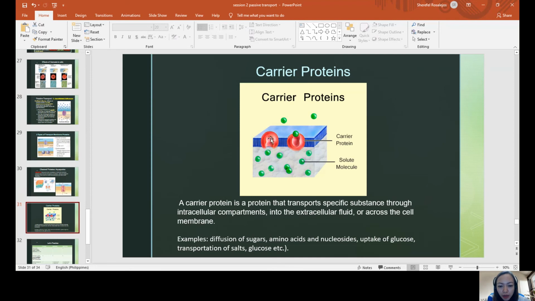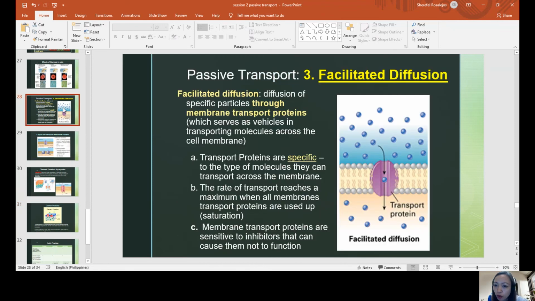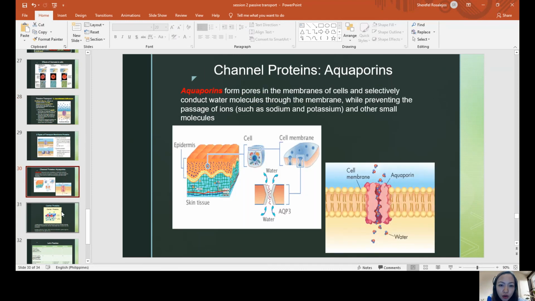Examples are sugars, amino acids, nucleosides, and the uptake of glucose and its transportation. Okay, so that is our facilitated diffusion. Remember, facilitated diffusion can be either channel proteins or carrier proteins.